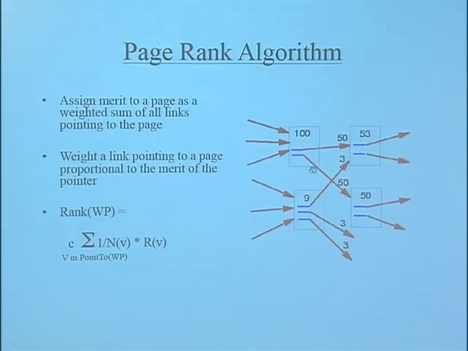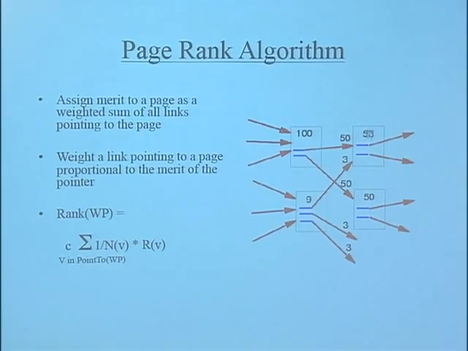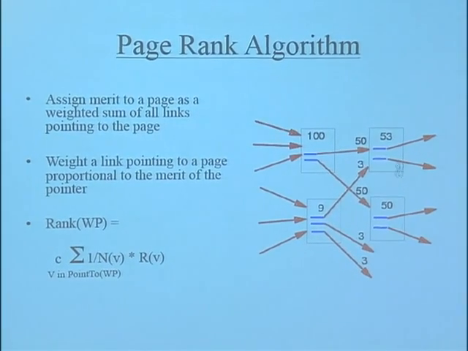And if I have 2 outbound links with equiprobability, I would assign my 50 points randomly to each of these sites. So these would both get my 50 points. If site B here has 9 inherent merit points to spend, it would give 3 to each. This site would have 53, which it could then spend on its outgoing links.